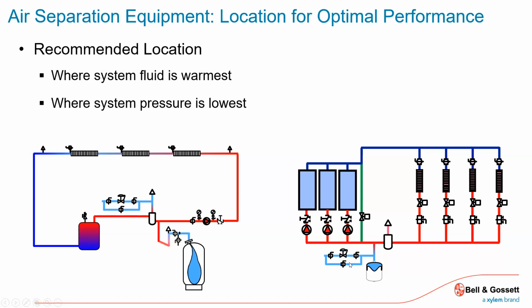That's going to be the greatest expansion. So expansion tanks do play a role in a chilled water system as well. The expansion isn't as great because the temperature range isn't as great, but there is expansion that you want to be aware of. My air separating device, again, would be on that return going back to the chiller plant. Water's the warmest on the return of a chiller. Water's the warmest on the supply coming out of my boiler plant.